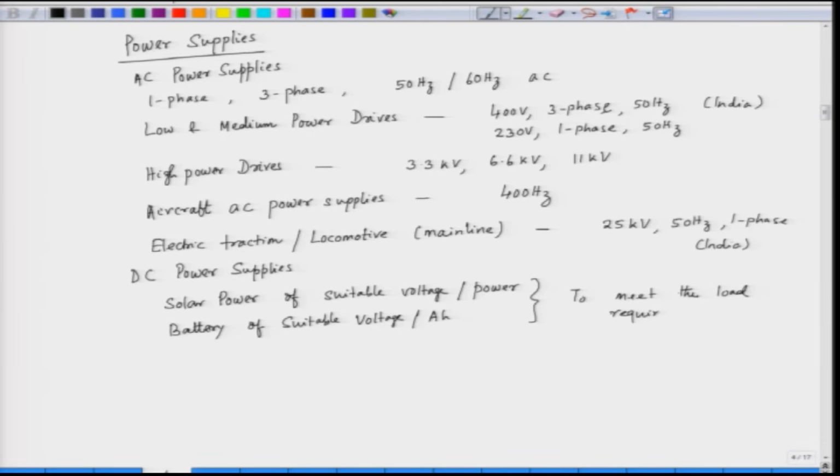Okay. So, these are the power supplies that we have.